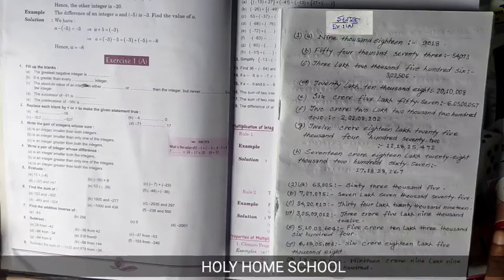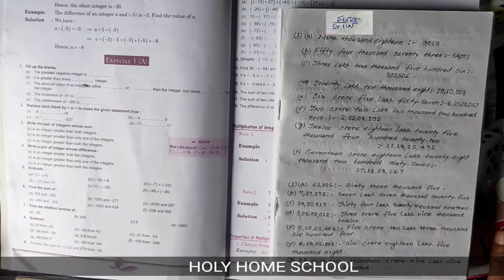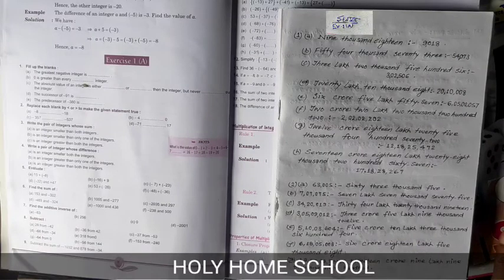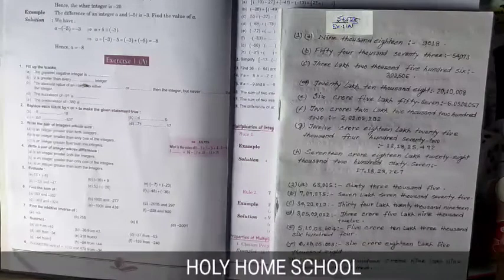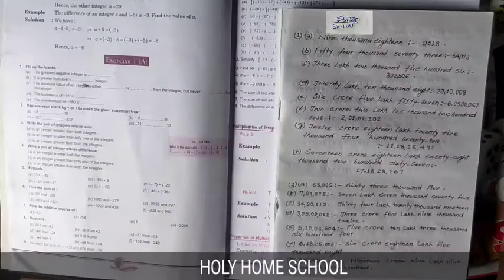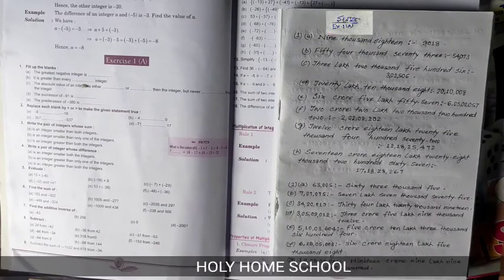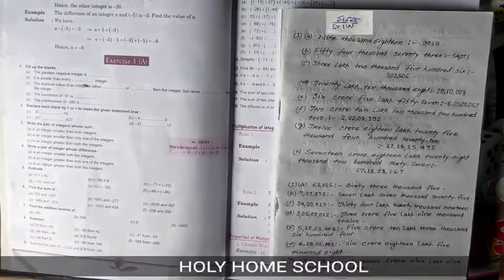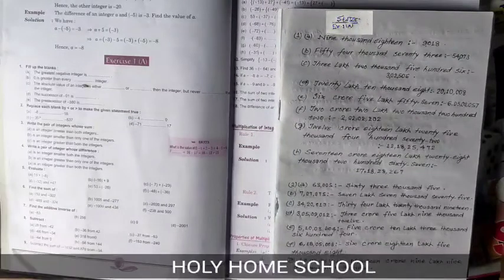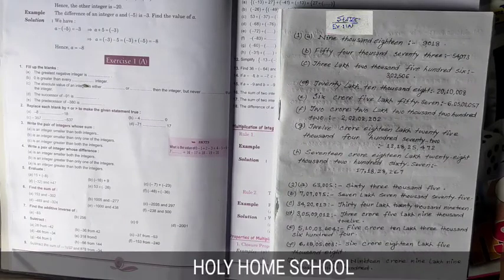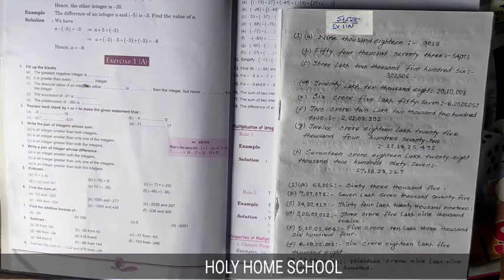As I know that you have already studied integers in previous classes, but here let us discuss integers once more. Integers are those numbers which are negative and positive whole numbers.